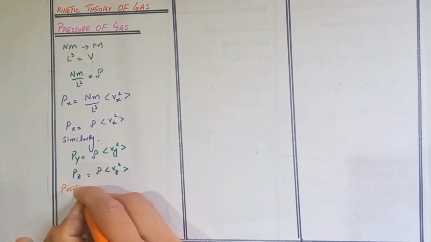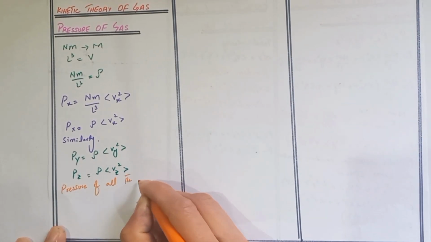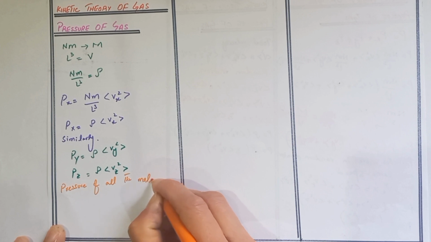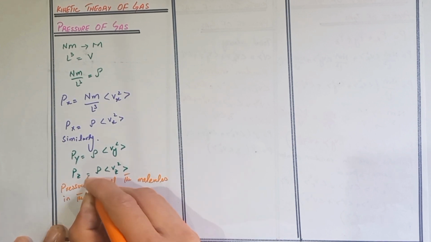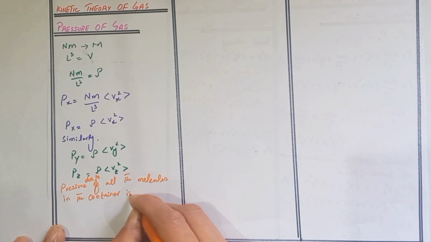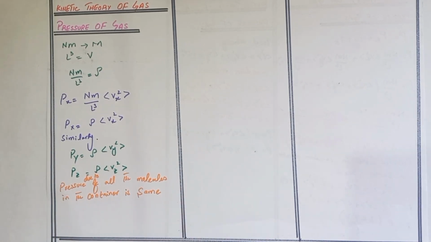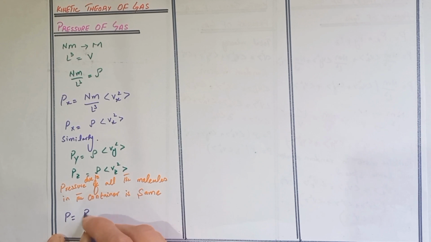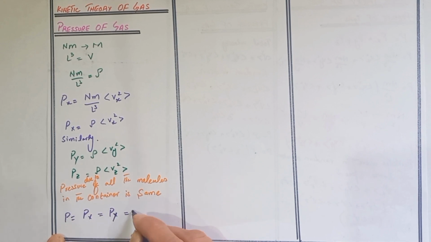The pressure due to all the molecules in the container is the same, so we can write P equal to Px, Py and Pz.